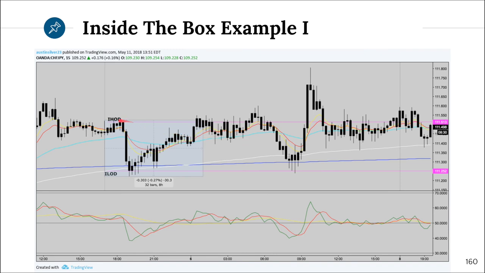So for this example, when we're looking to potentially take this pair long, and we don't see it break out of the box yet, we will wait, be super patient until it does break out of the box. Now that it does right here, that knocks another check mark off of our checklist that we're going to go over at the end of this chapter. Once it breaks out of the box, even with one candle, it's off. That is perfectly fine to qualify to say to me, yes, Austin, this broke out of the box today.